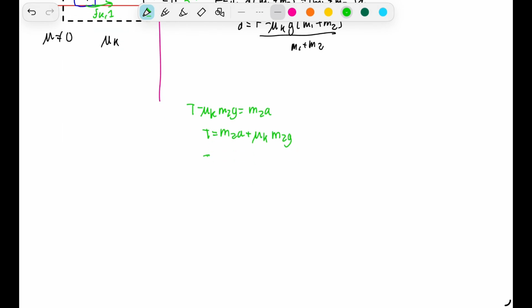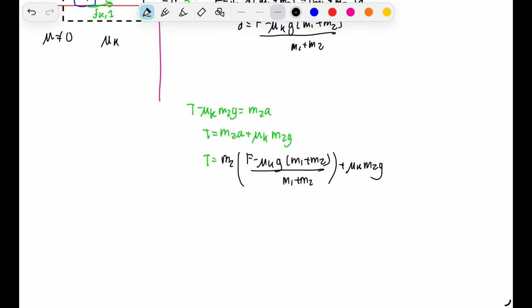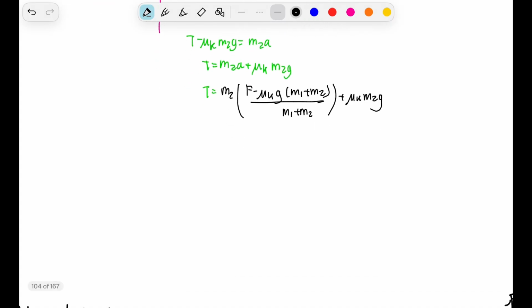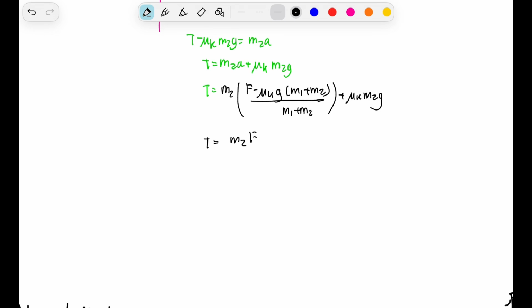So we can actually substitute in our acceleration, which we have over here. T is equal to M2 times F minus mu k times G times M1 plus M2, all divided by M1 plus M2, all plus mu k times M2 times G. So this can simplify down to just tension is equal to M2 F over M1 plus M2.